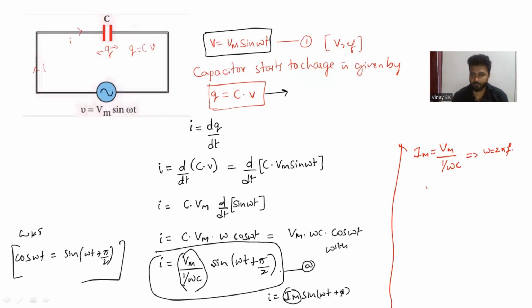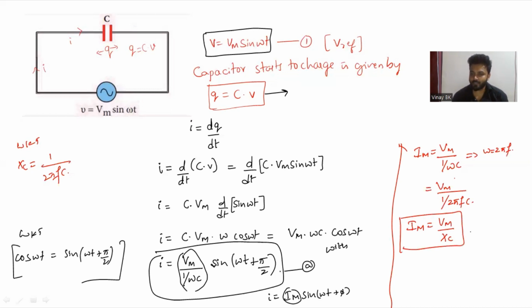So I can write Vm divided by 1 divided by 2 pi f into C. And we know that Xc is the capacitive reactance, which is given by 1 divided by 2 pi f into C. So instead of that I will write Im equals Vm divided by Xc.